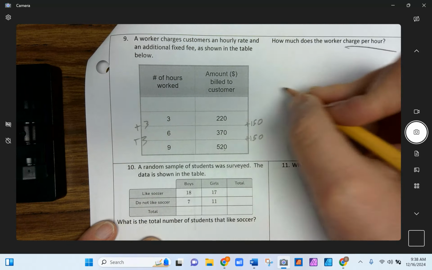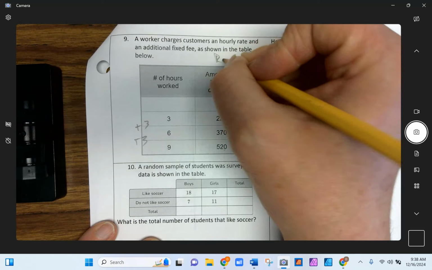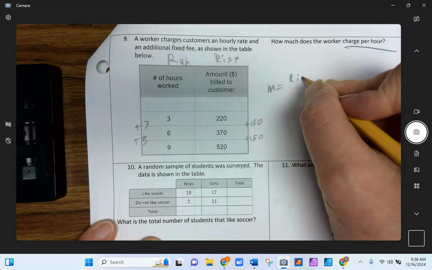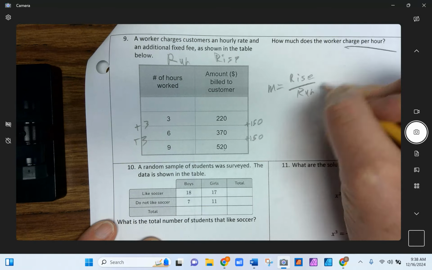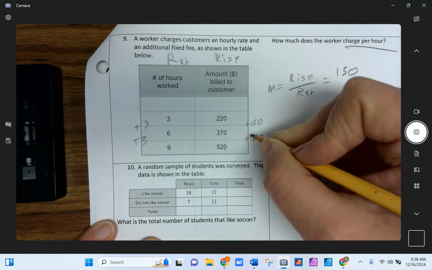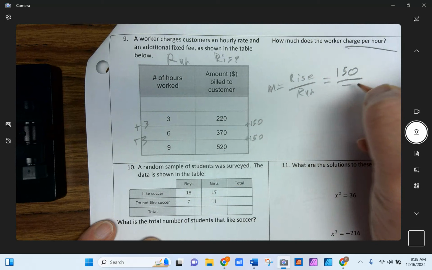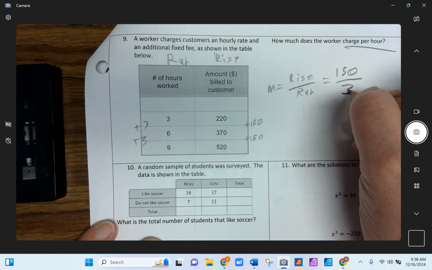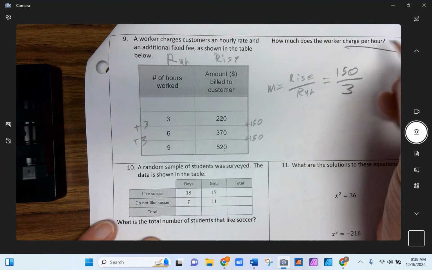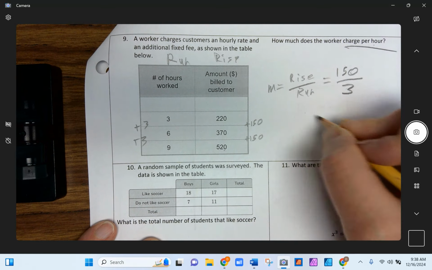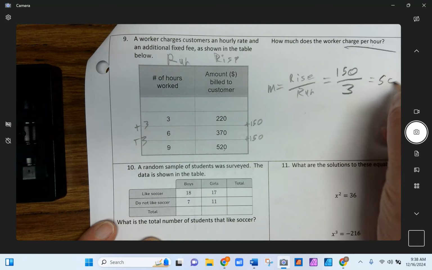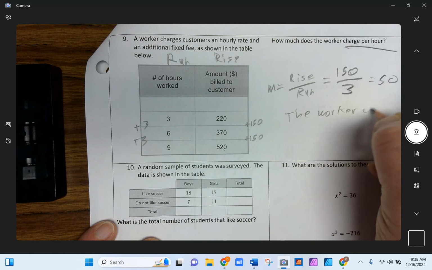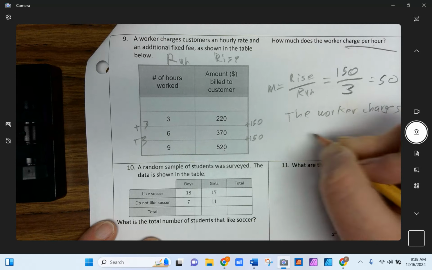So our slope is our rise over our run, the change in y, 150, divided by the change in x, 3. So it's not $150 per hour, it's $150 per 3 hours. It's asking per 1 hour, so we do that division. So we'd say $50. So the worker charges $50 per hour.